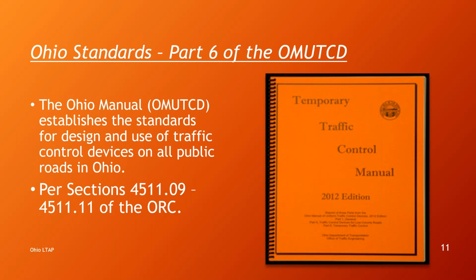And it's not just a good idea that we abide by this manual. It's actually the state law that we abide by this manual when we're out there working on the roadways. We must set up our work zones according to this manual. And it says so right in the Ohio Revised Code, sections 4511.09 through 4511.11.